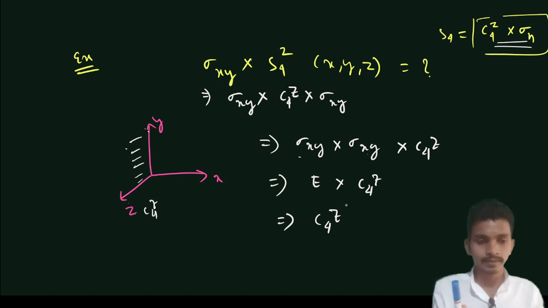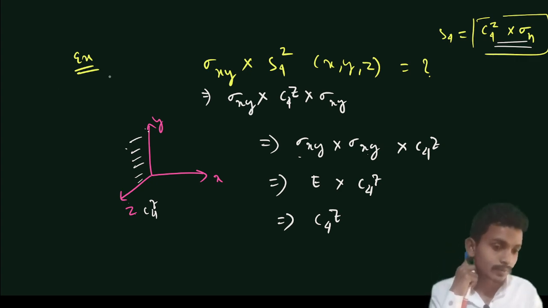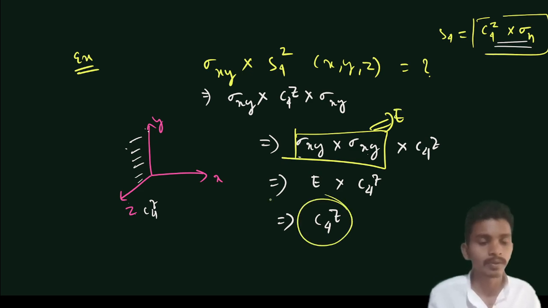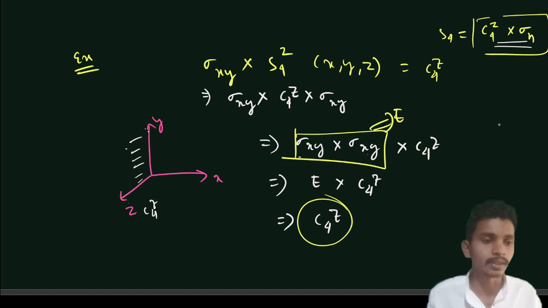One is sigma xy, another is xy. If we multiply these two, then we will get the value E. So whenever we multiply the same value, we get E. Okay, so this is going to be the C4Z value, so this value is equal to C4Z.